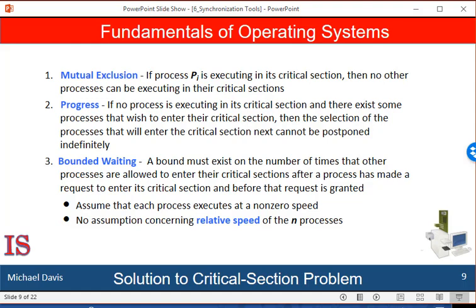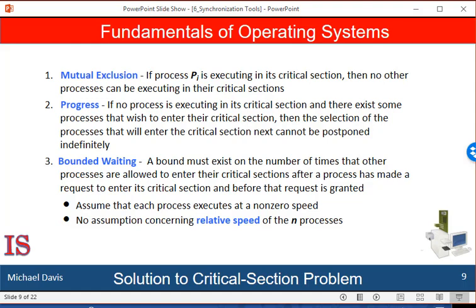Consider as an example a kernel data structure that maintains a list of all open files in the system. Since the list must be modified when a new file is opened or closed, if two processes were to open files simultaneously, the separate updates to this list could result in a race condition.